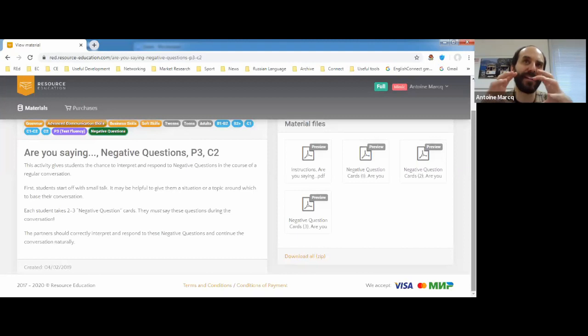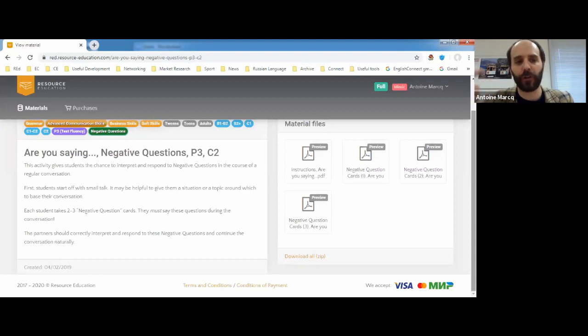Building dexterity activities are cards with words. It can be nouns, adjectives, verbs, it depends. And check out the instructions of building dexterity, there'll be a link to a video. We use these to start conversations. So take a look at that if you don't know how to start a small talk.